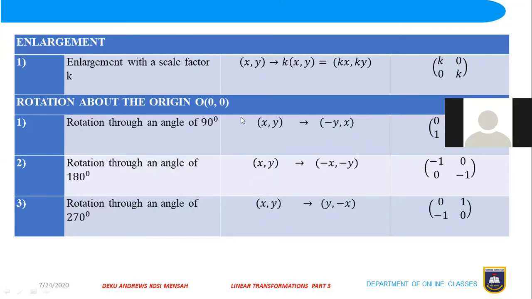So the first one, rotation through an angle of 90 degrees. One thing you must know is this. Whenever the direction of rotation is not given, then we assume it is through anti-clockwise direction. Let's see how we can get the image for a rotation through an angle of 90 degrees. To do that, let's go back to the board and get it sketched.